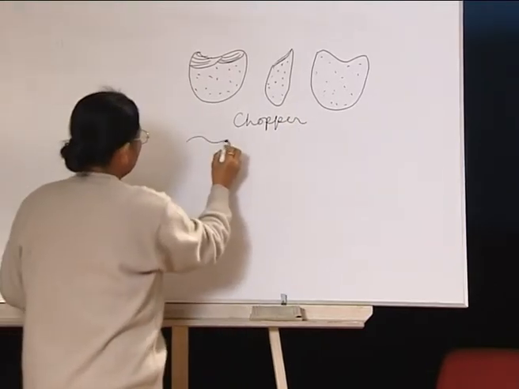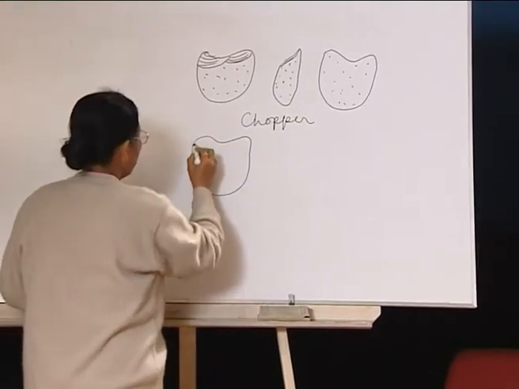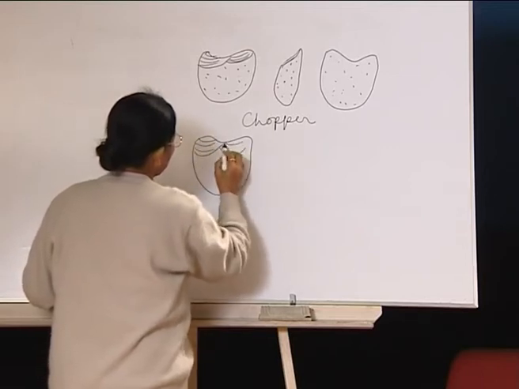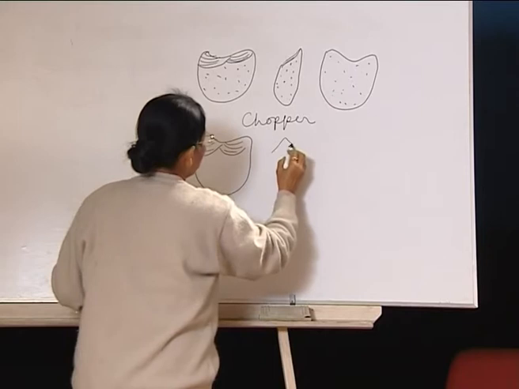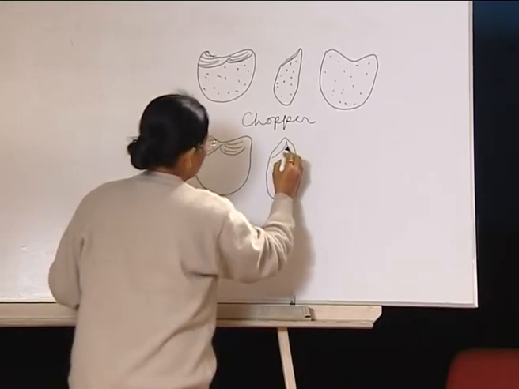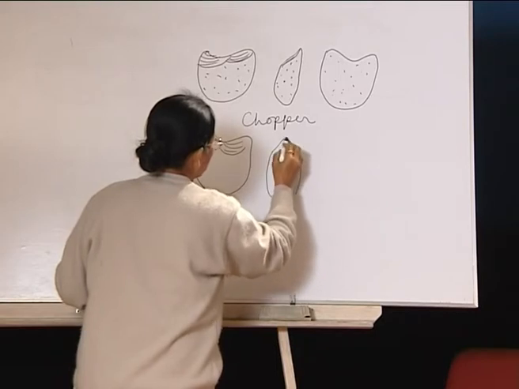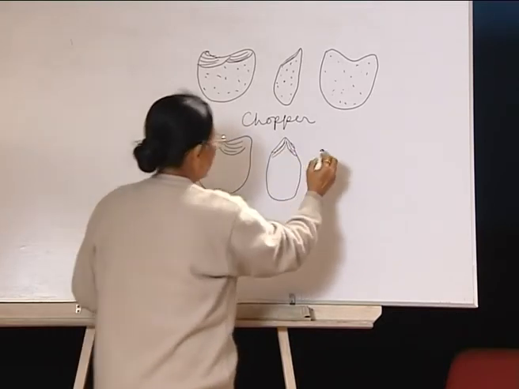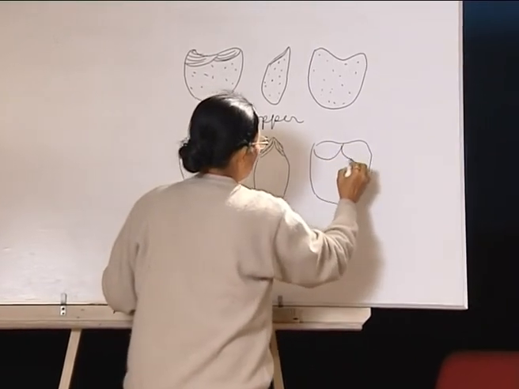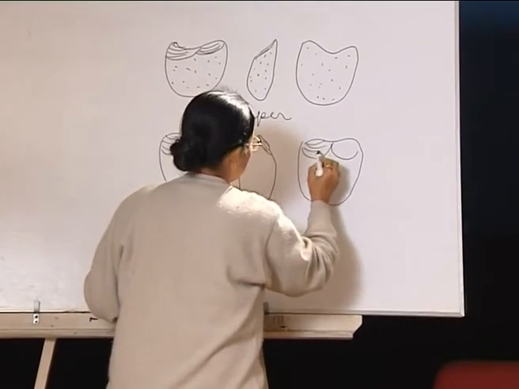Whereas in case of the chopping tool, we will find the dorsal, this profile, and then this will be the ventral. Both sides are working.